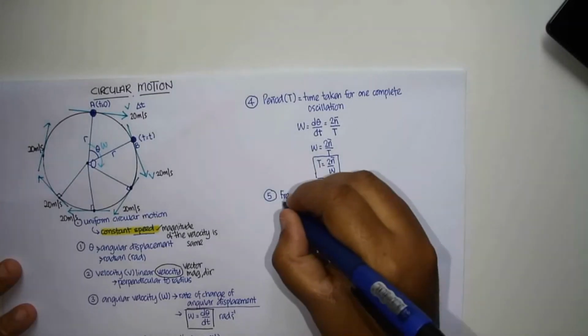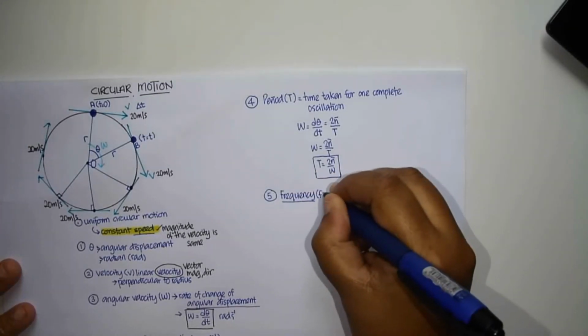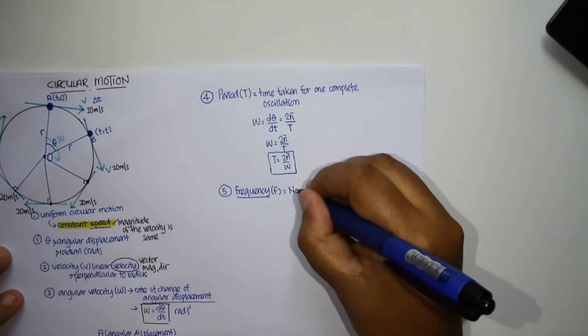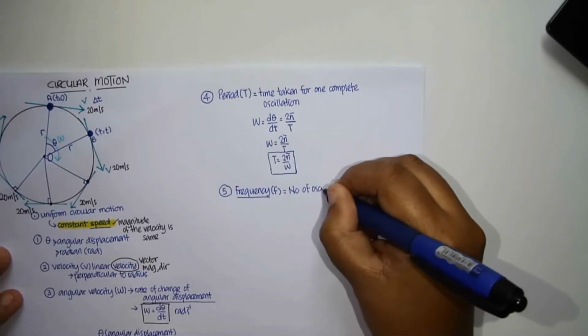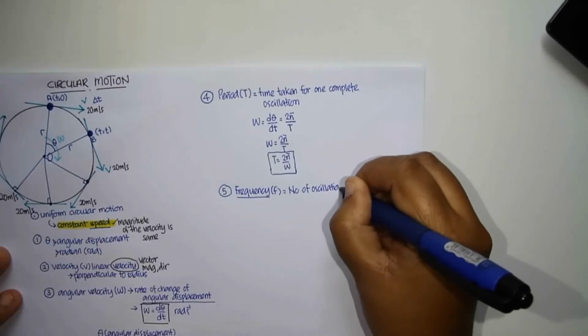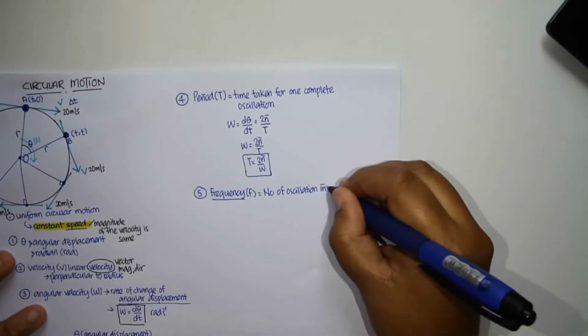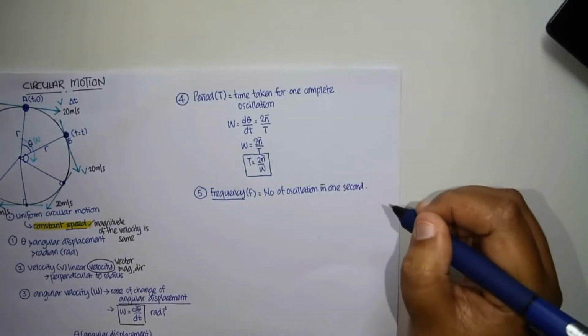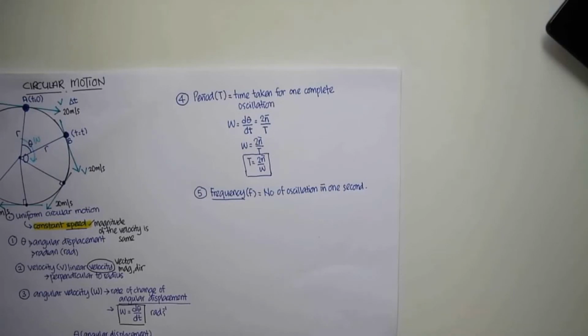Frequency, which is small f. So what is frequency? Frequency is the number of oscillations in 1 second. Or you can also follow what the book says: number of complete revolutions made in 1 second. It's still one oscillation.